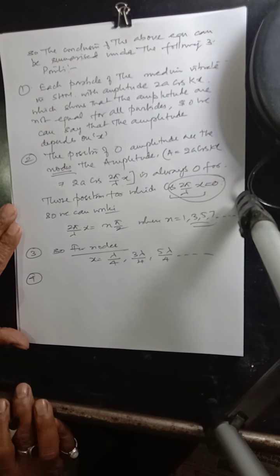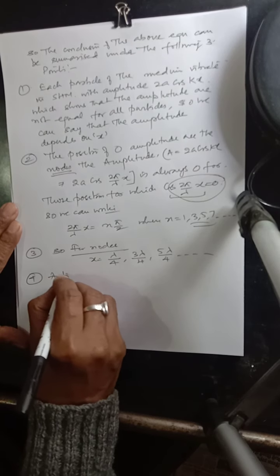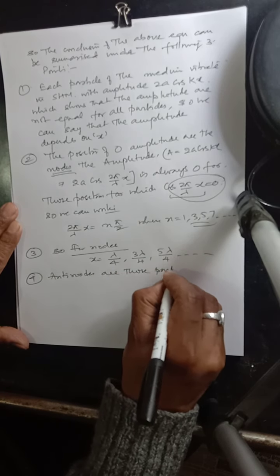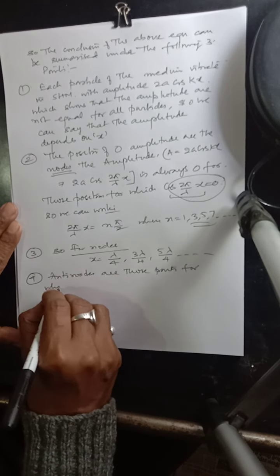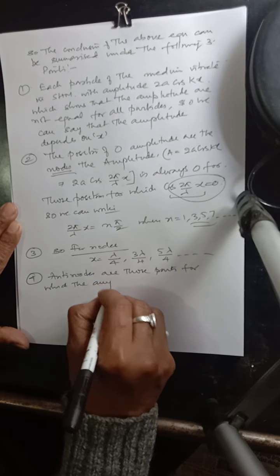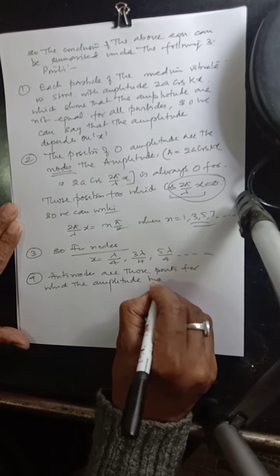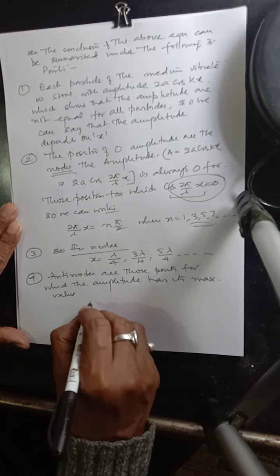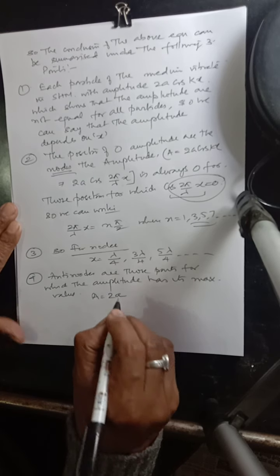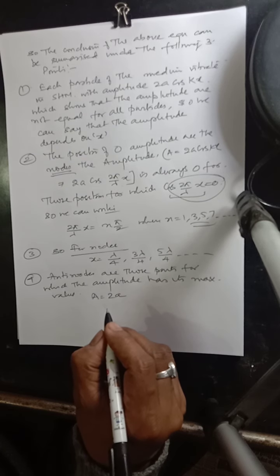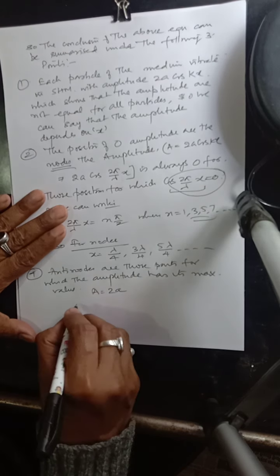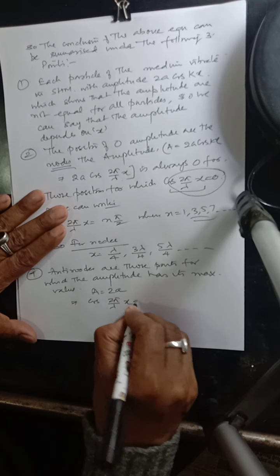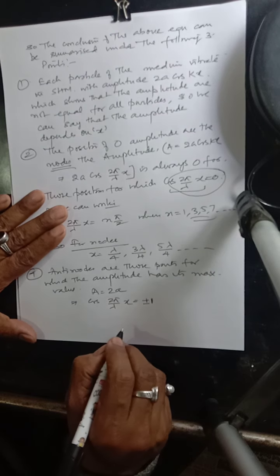The next point: antinodes are those points for which the amplitude has its maximum value, which means the amplitude A prime is 2A. What does it mean? It means cos of (2 pi by lambda) x is equal to either plus or minus 1.